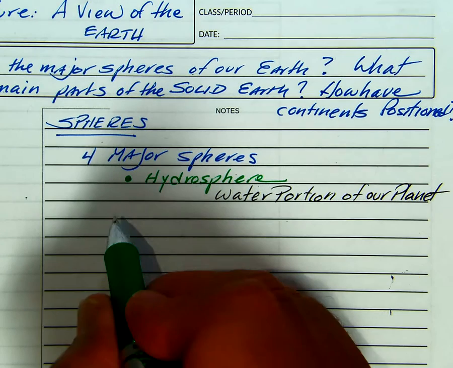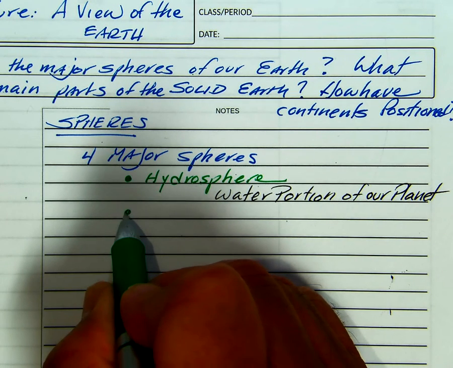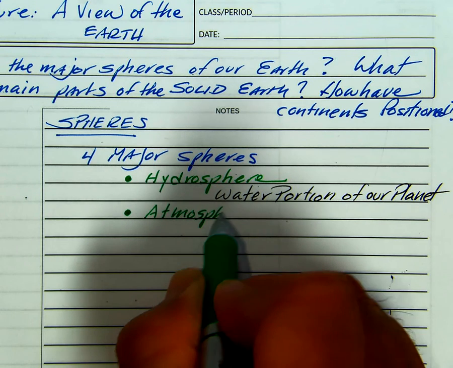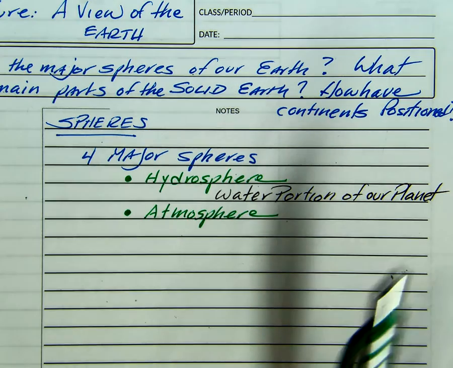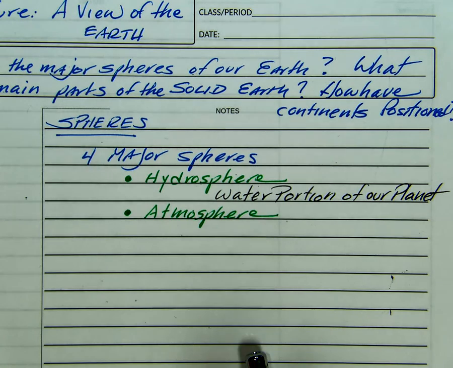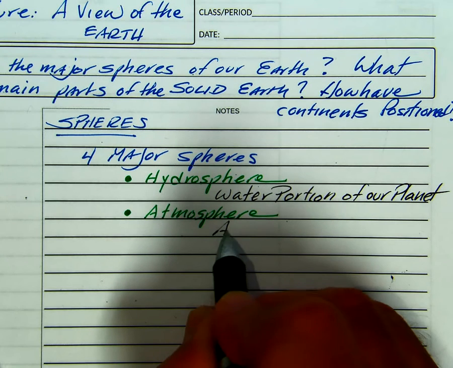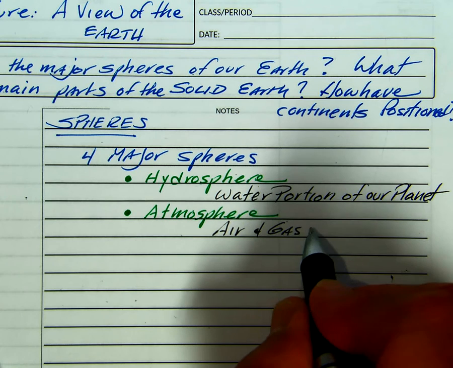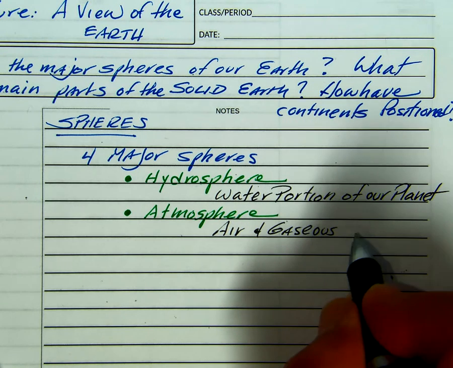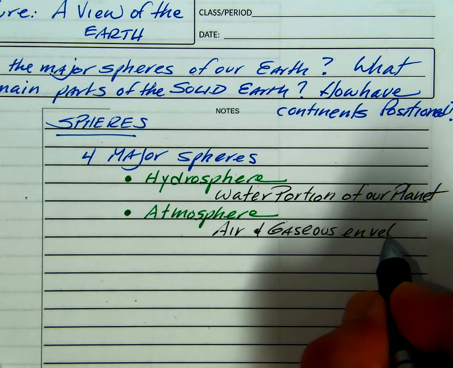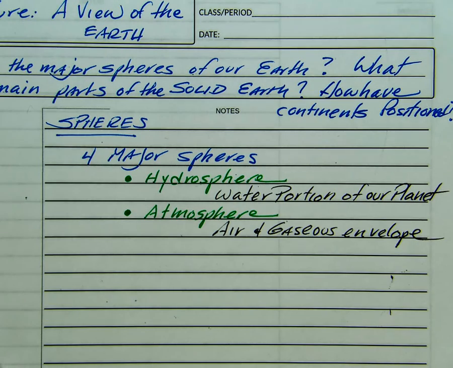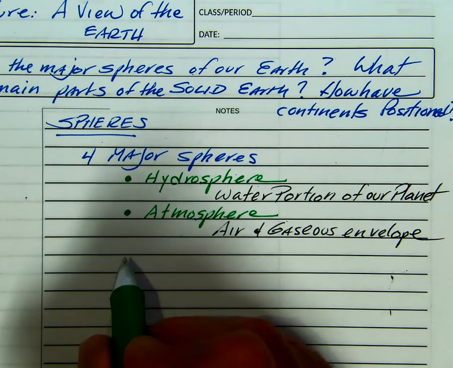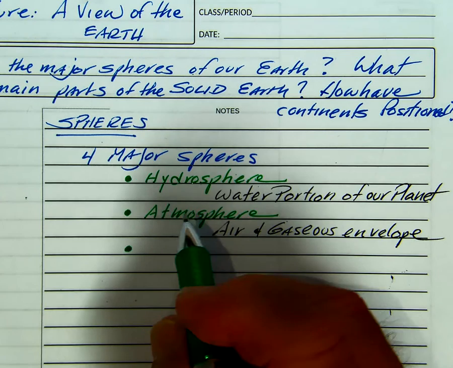Next sphere is the atmosphere. And this involves the air and gases, or gaseous envelope, around our planet. So hydrosphere, atmosphere. 3 would be the geosphere, the solid Earth.